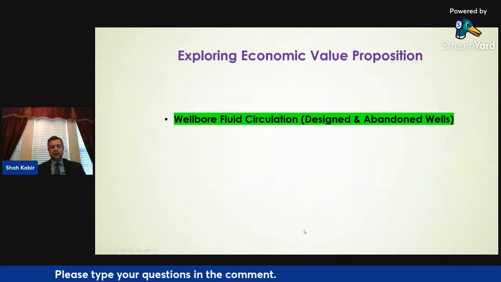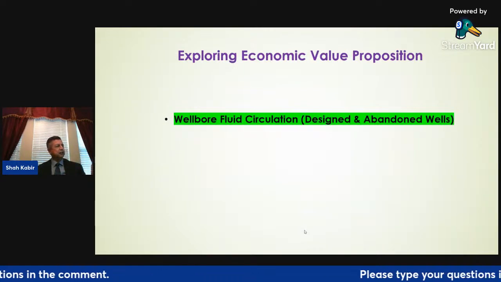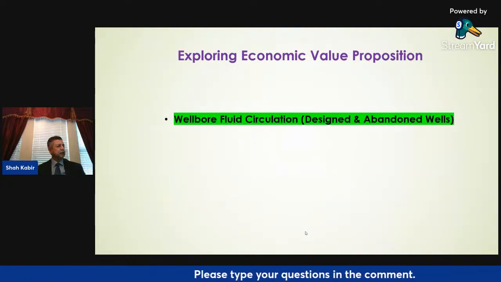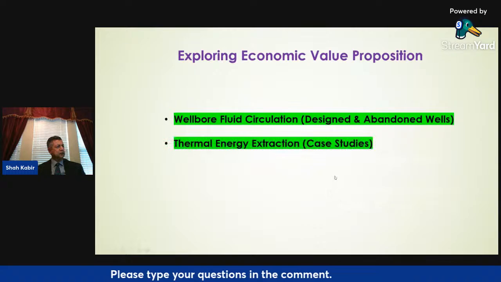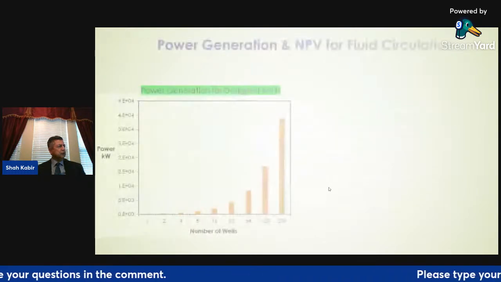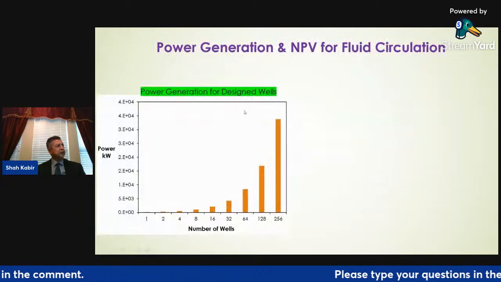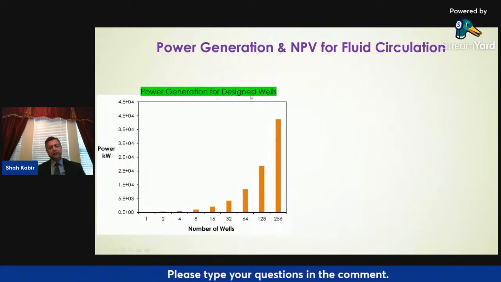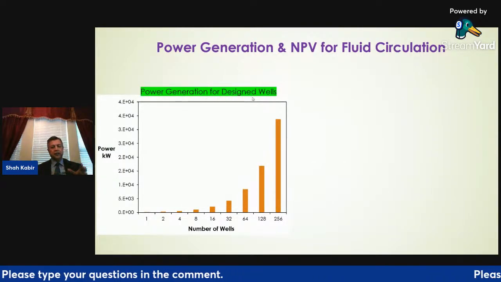So we looked at simple economic value proposition plus rigorous. I'll just show you a very simple outcome. So if you play with the quote unquote design wells, that means you have the option to drill deeper, or the tubular size can get larger and so forth.